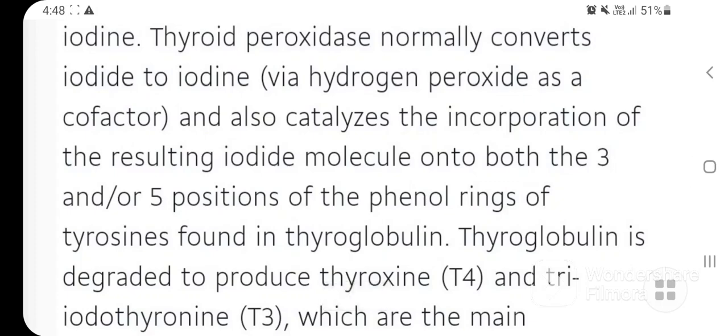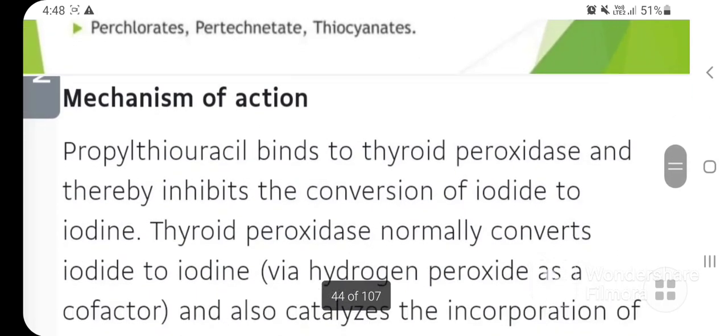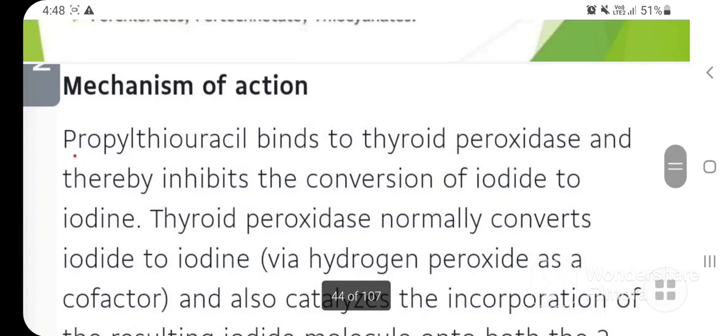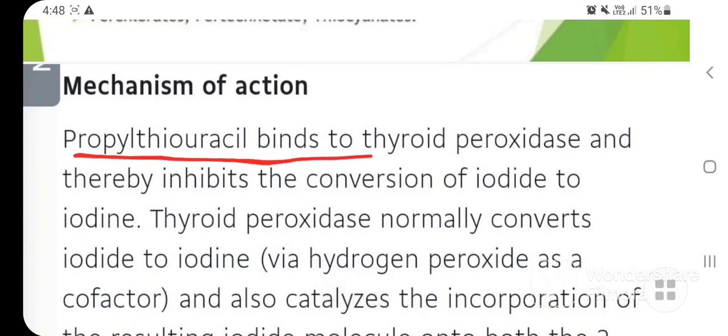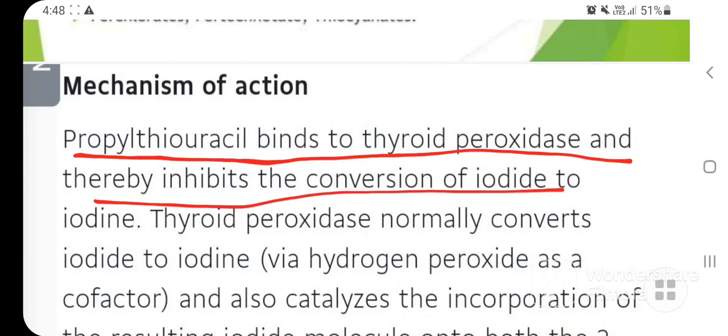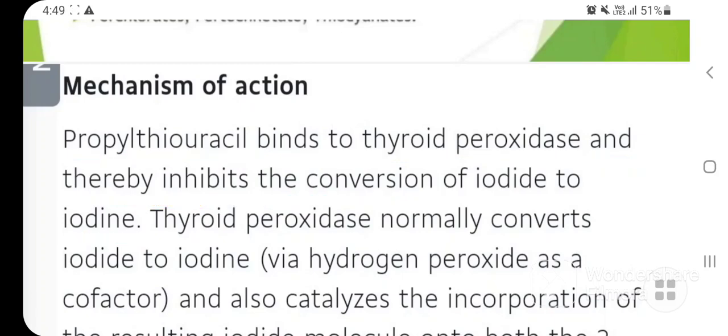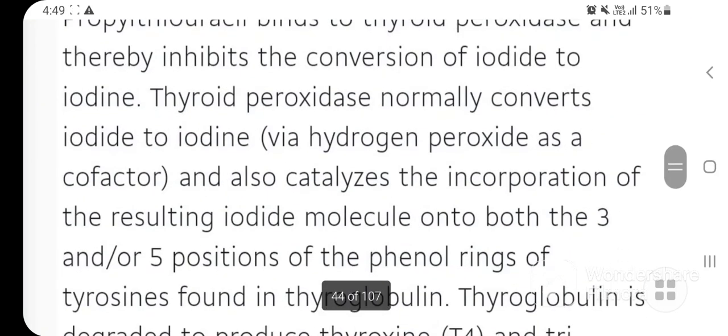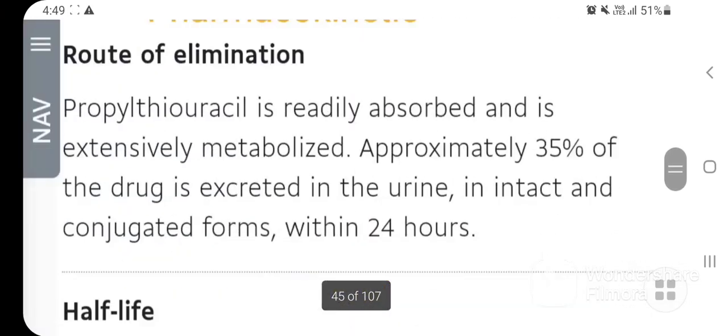These complications you need not remember, just remember this: propylthiouracil binds to thyroid peroxidase and inhibits the conversion of iodide to iodine. This is simple enough. If you try to remember excess things, you will forget everything.